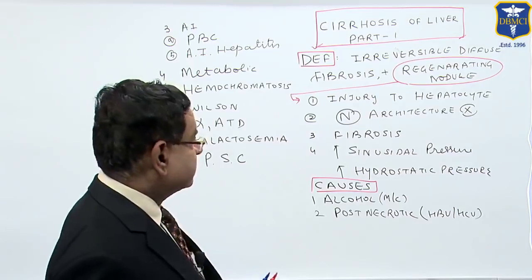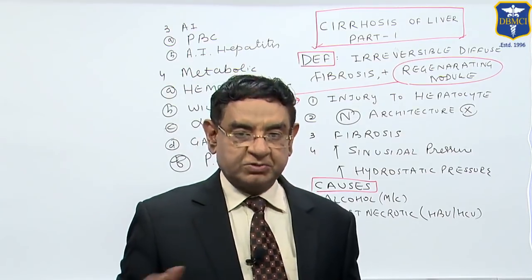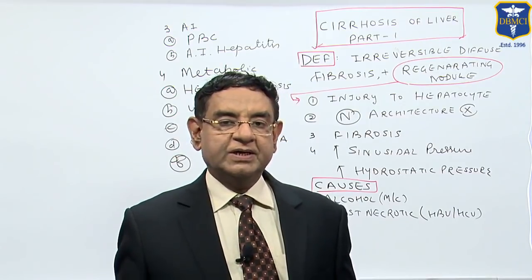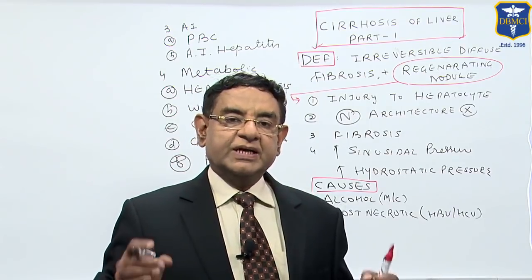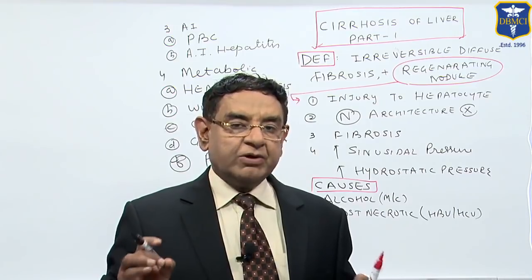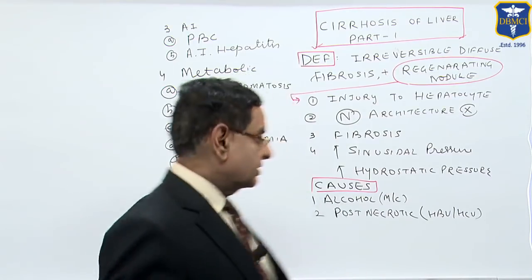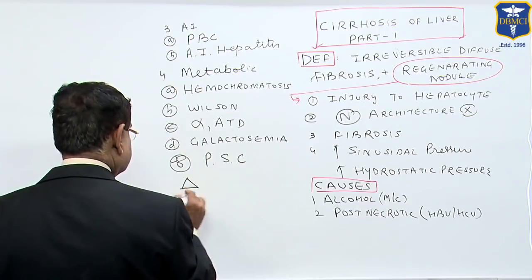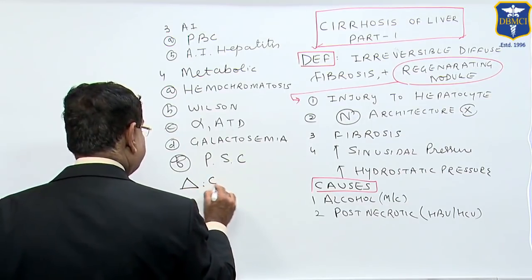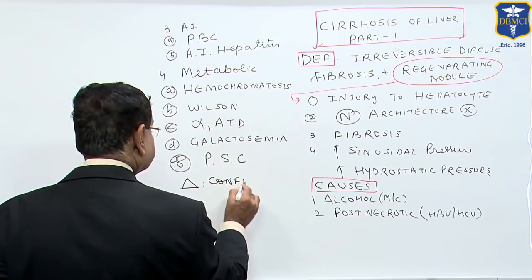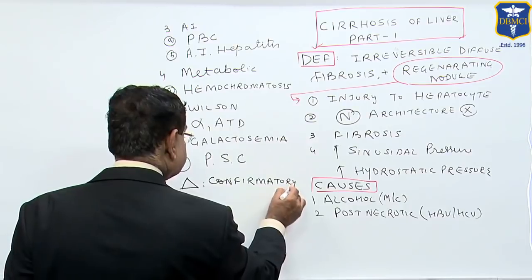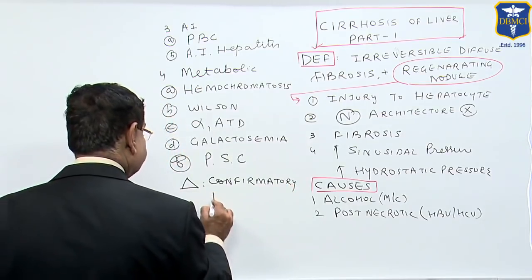So when we are suspecting a case of cirrhosis of liver because of clinical presentation, what is the most accurate way to diagnose cirrhosis? Whatever cause it may be, the most confirmatory test for any type of cirrhosis is always liver biopsy.